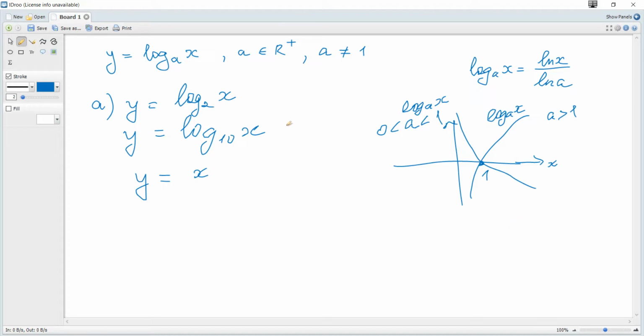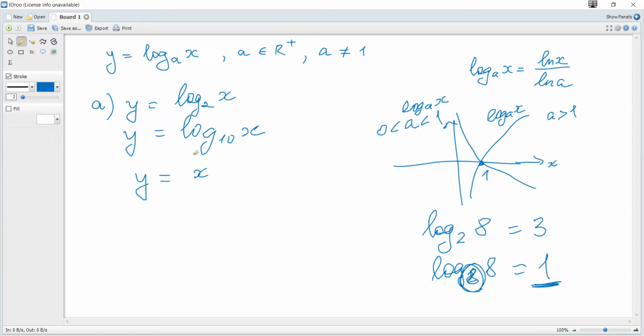And let's compare, for example, let's consider log 2 of 8 and log 8 of 8. Log 2 of 8 is 3, and log 8 of 8 is 1. And we can see that for greater value of the base, y value is less.